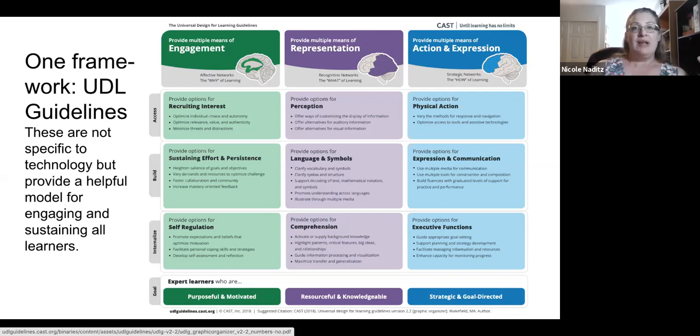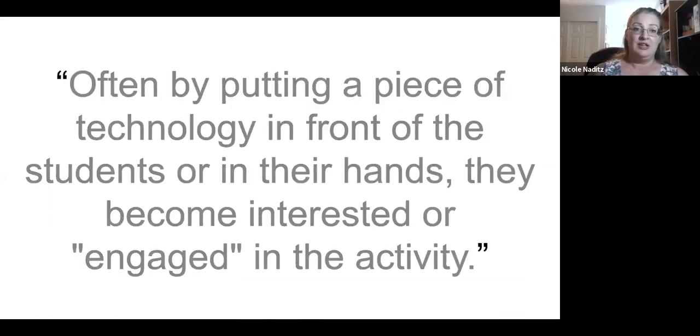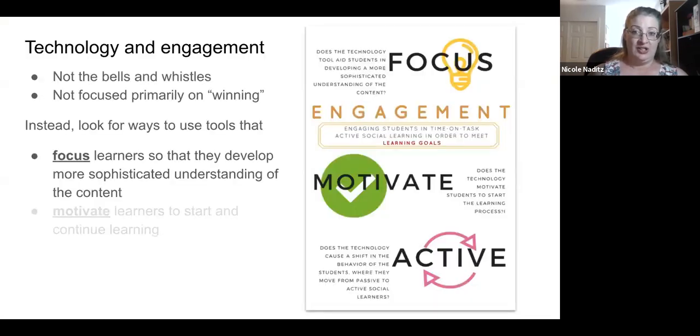So we know that we have, to start with, two frameworks, and there are many more that we can use to help us design these learning experiences and determine how students might have opportunities to both learn and then demonstrate their knowledge. One being the UDL guidelines, and the other being this Triple E framework of engagement, enhancement, and extension.